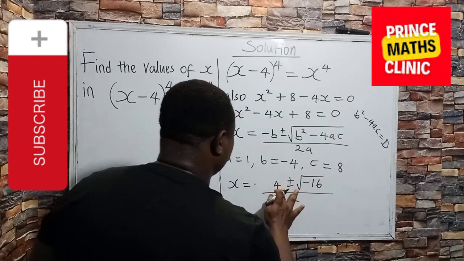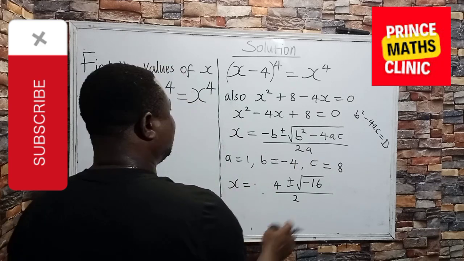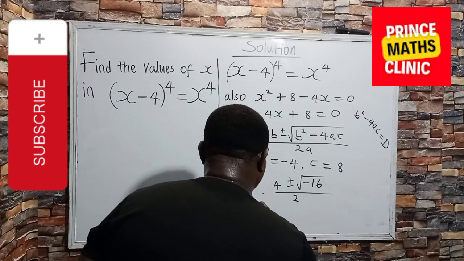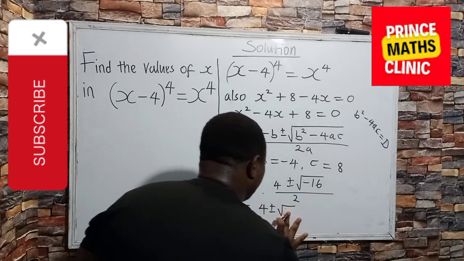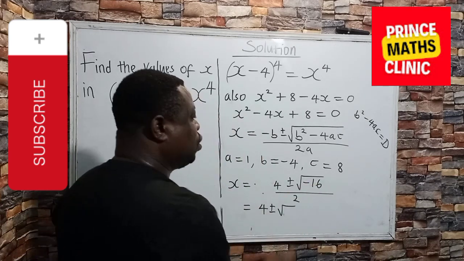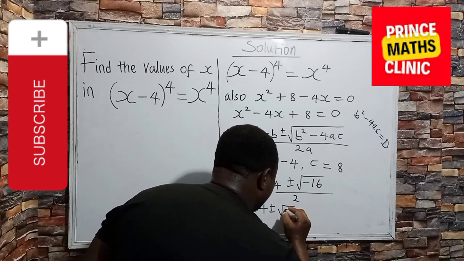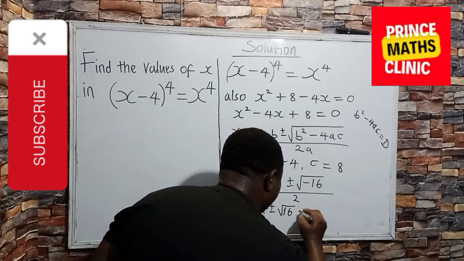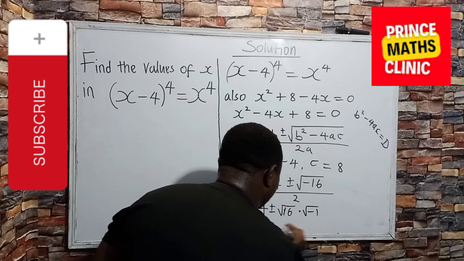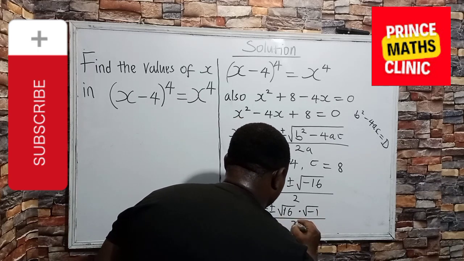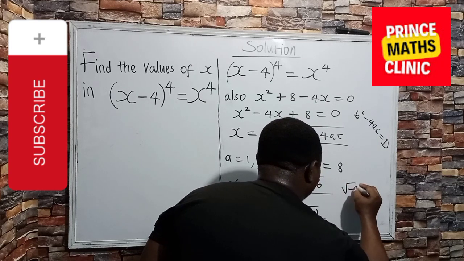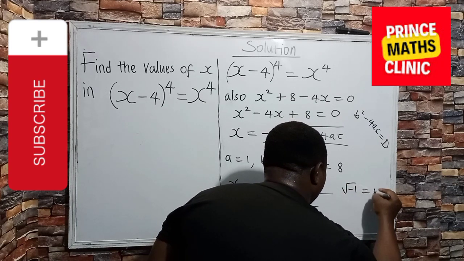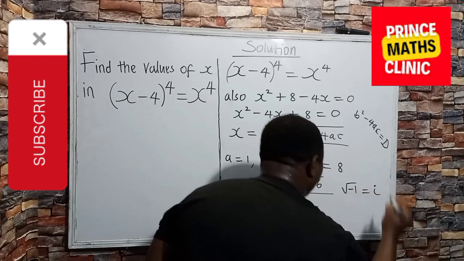Then this can be expressed as 4 plus or minus the root of minus 16. The root of minus 16 is the same as the root of 16 times the root of minus 1, everything over 2.